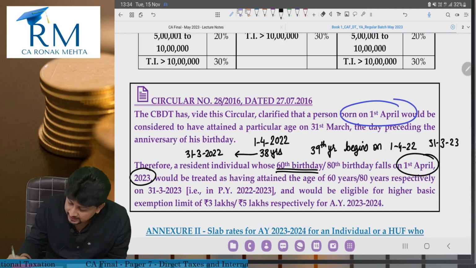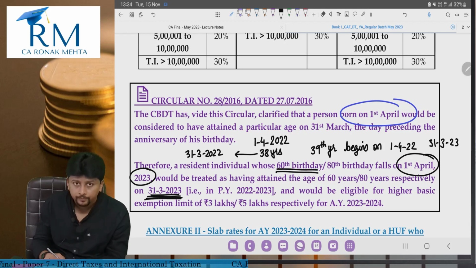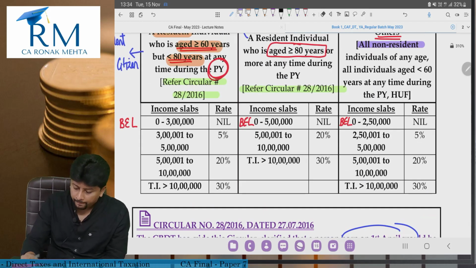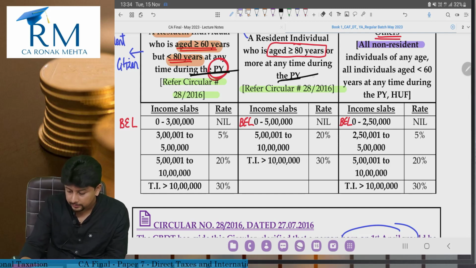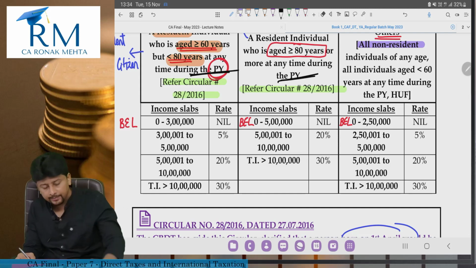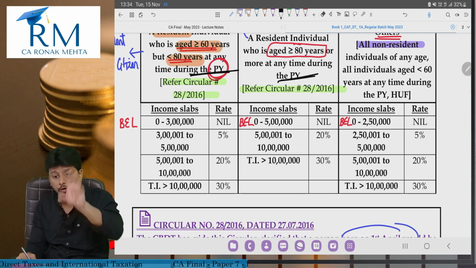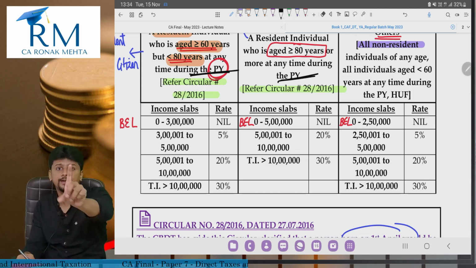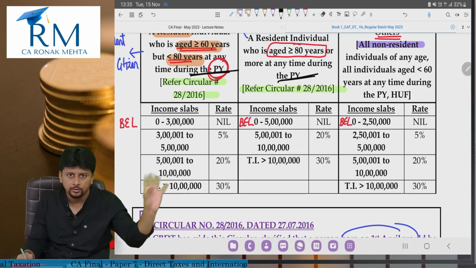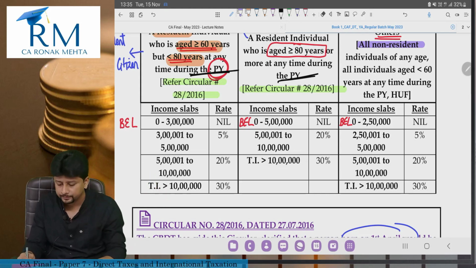Your 60th year is completed one day before it. And if you observe, at any time during the previous year, if you are 60 years or more, then for that previous year you are a resident senior, depending on your stay, but you are a senior citizen.